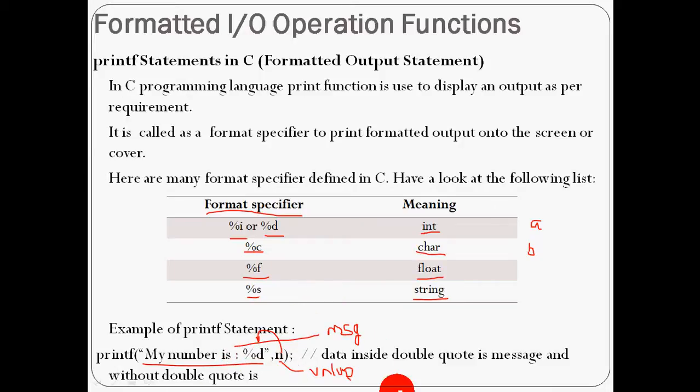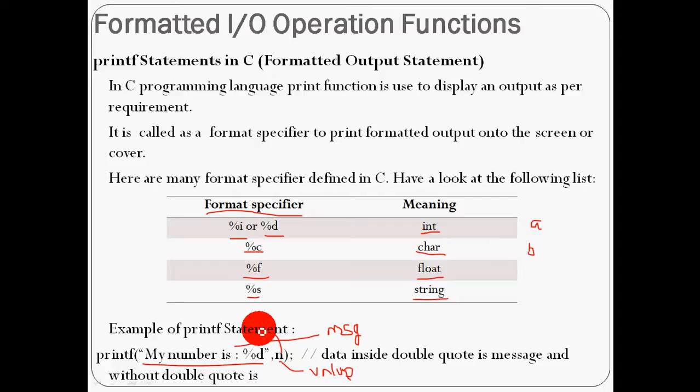It contains format specifiers that define how the subsequent arguments are going to be displayed. Format specifiers begin with a percentage sign. Each and every format specifier starts with a percentage and is followed by the format specifier code: d for integer, c for character, f for float and s for string.